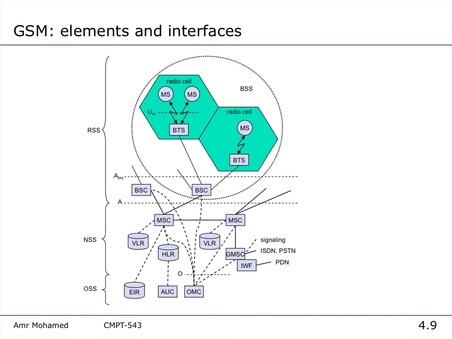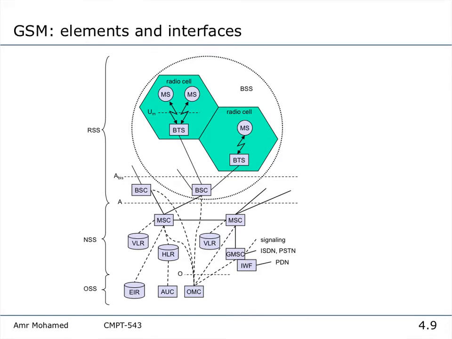So the mobile switching center handles all the radio resource management from a high level, okay? And part of it is also to handle the handover of the mobile stations, but this type of handover, sometimes it goes from one location to another. Like for example, if I am driving my car and I'm moving across the city, then I move from one cell to another, right? Which means that my movement is within the domain of one base station controller.